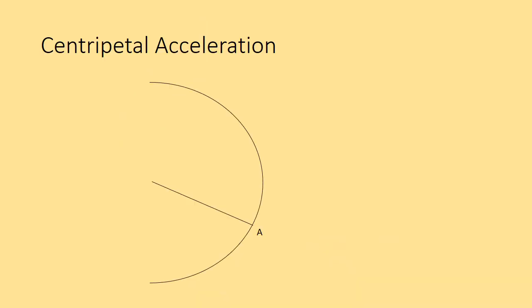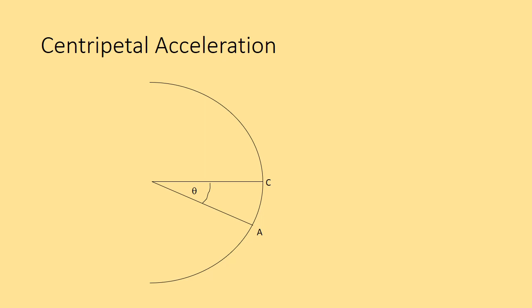Okay, so let's suppose we have a circle, and there is a line from the center of the circle, radius r, connecting to an object at point A. That object is now going to sweep through an arc around the circle to point C, and that is going to go through an angular displacement of theta.